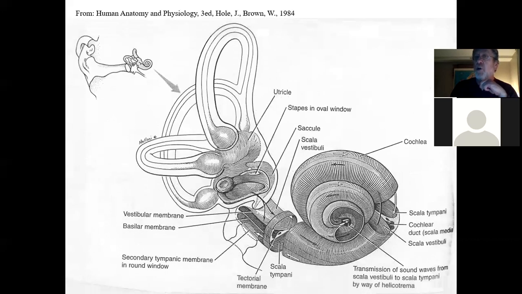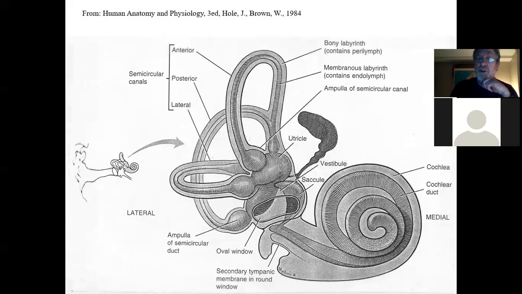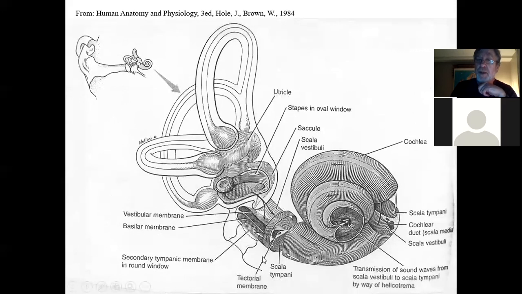Now look at it closer yet. Here's the triangular shape, and now we're taking a cross section. So now you can see what's inside that triangular shape. And you can see that that triangular shape separates this bony labyrinth from this bony labyrinth.